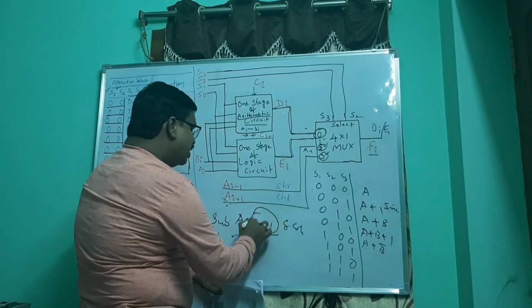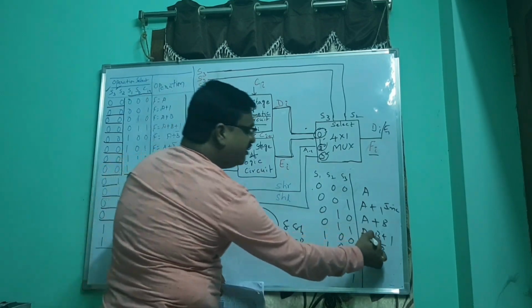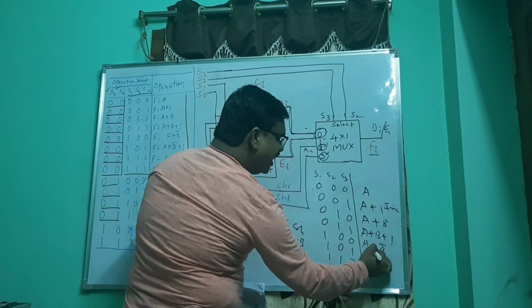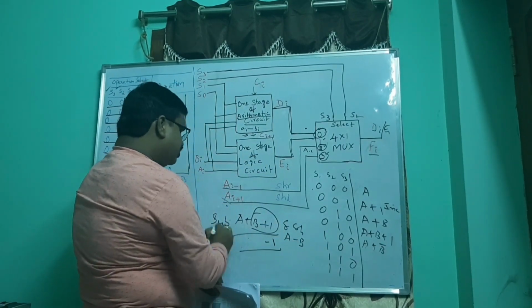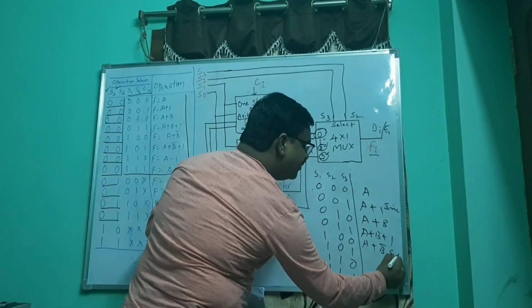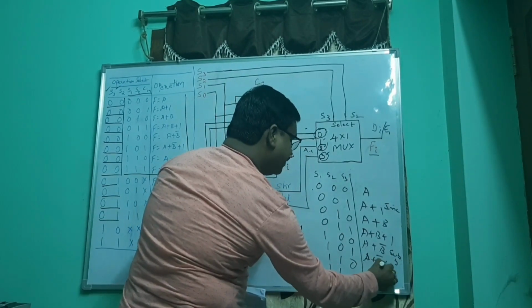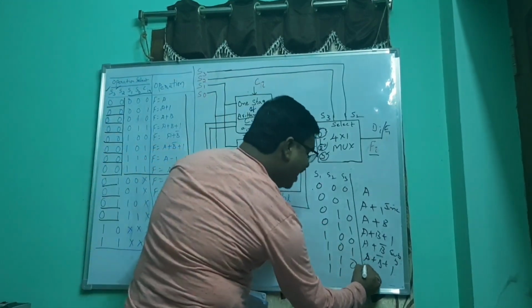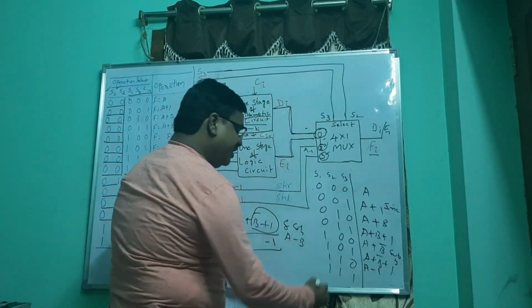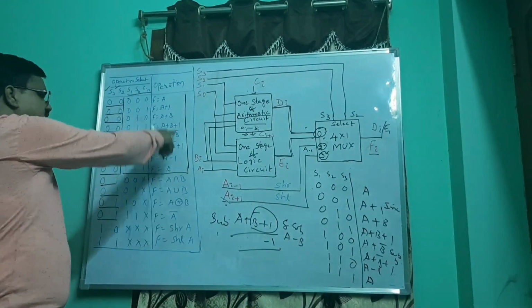Means this is the 2's complement of B, so it gives you A minus B. But here we have A plus B bar, so this again will be subtracted with 1. So it is nothing but subtract with borrow, and then this will be A plus B bar plus 1. Okay, this is actual subtraction, and then this is A minus 1 stands for decrementing. This is again transferring A. So that is what you can observe in this truth table.